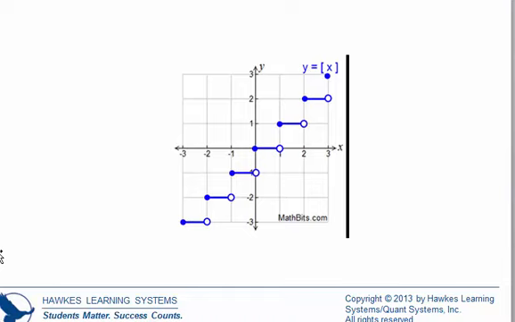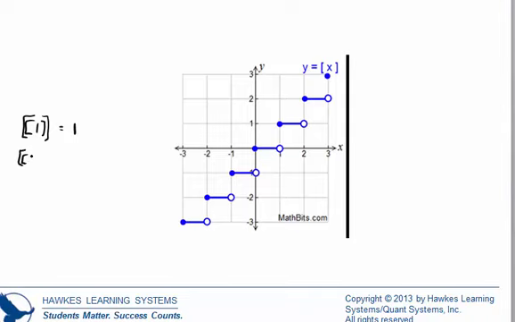So for example, if we have the greatest integer of 1, remember it's going to return the biggest integer that is less than or equal to the number we put in, and so that would be 1.